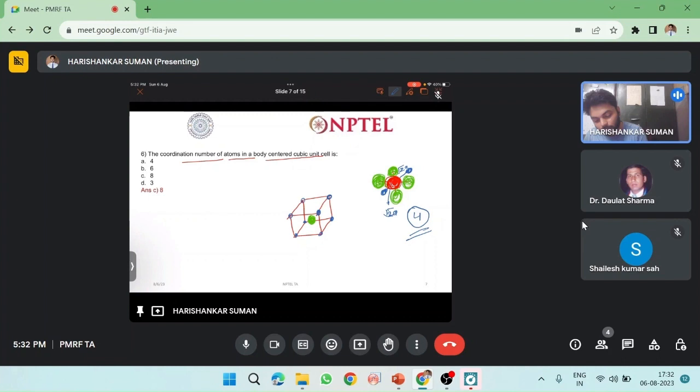Okay. Next question. Following reasons explain the absence of the end-centered cubic lattice among the various Bravais lattices. Why do 7 systems only have 14 Bravais lattices?